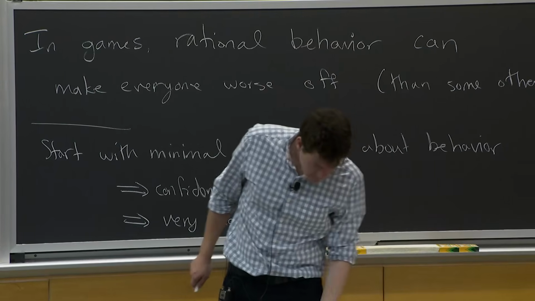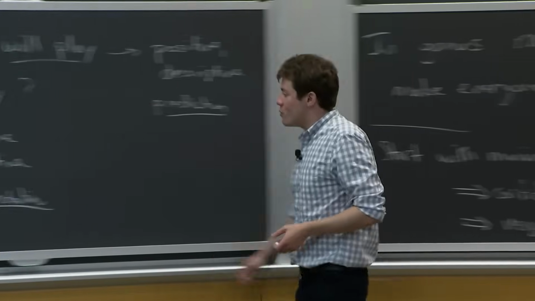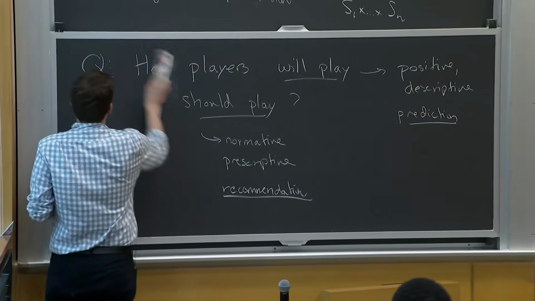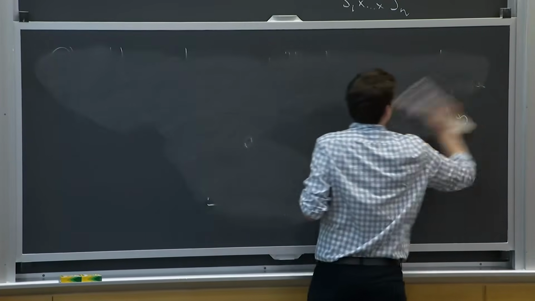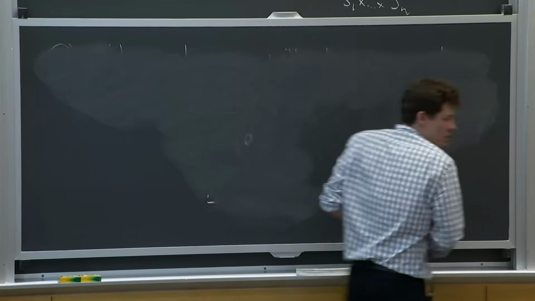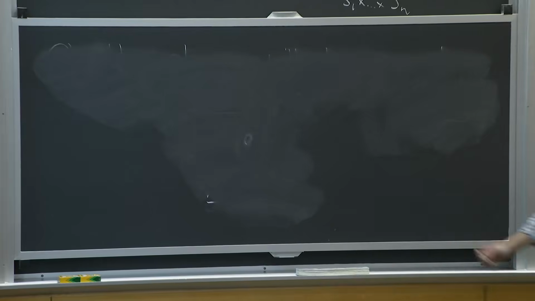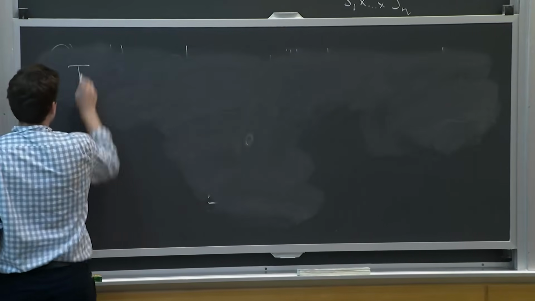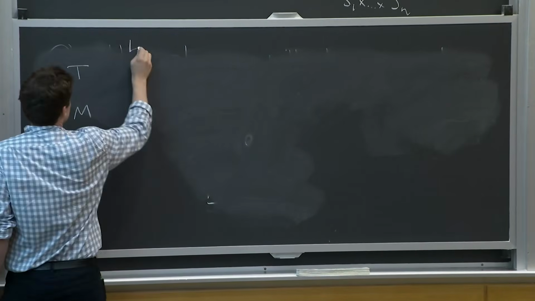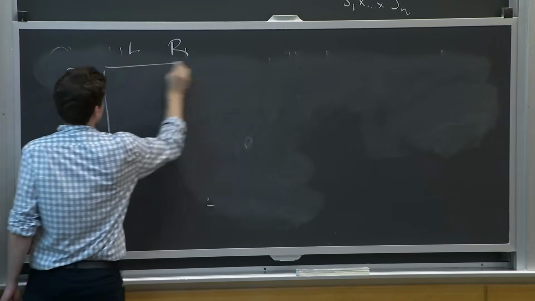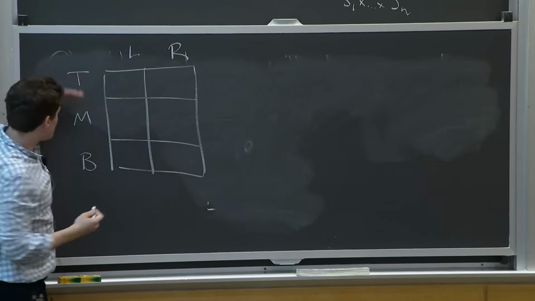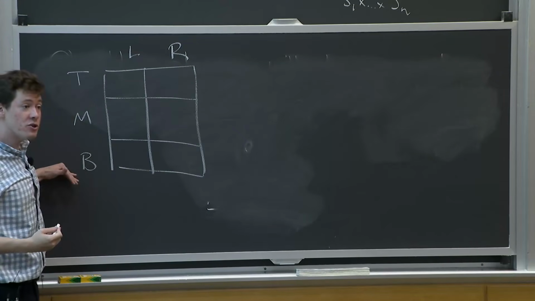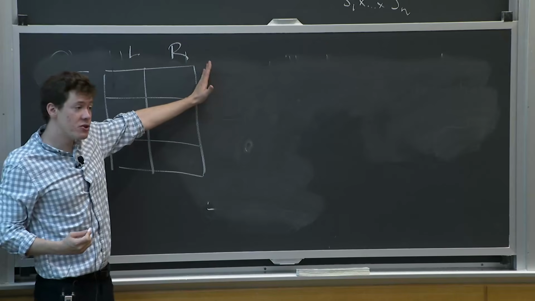Okay. So now let's look at a slightly more complicated game than the prisoner's dilemma and see how we would approach this. So we have a two-player game. Remember, we always put player 1 here. Player 1 is always choosing rows. Player 2 is always choosing columns.